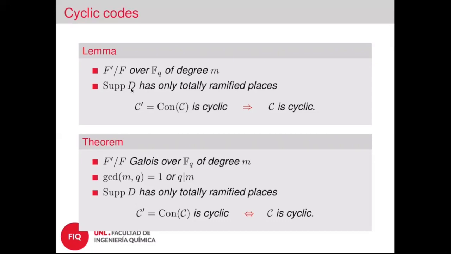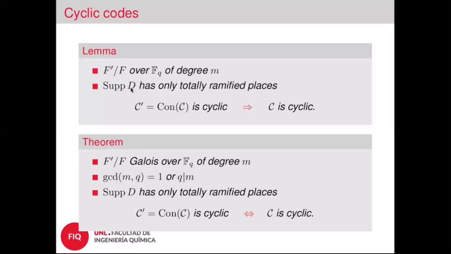And not only that, we can see in the proof of this result that what we actually get when we construct this conorm code is a different representation of the same code C in a function field with bigger genus.